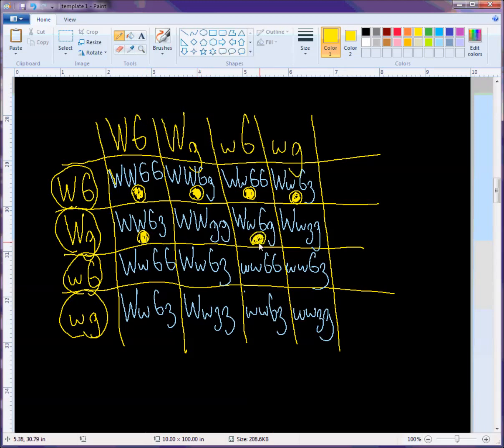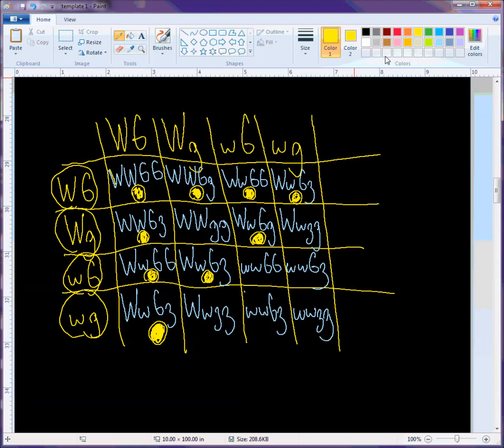I've already got 6. 7. 8. Perfect. 9. Okay. So 9 round and yellow, and we can see that because every potential offspring here that had a big W and a big G is round and yellow.